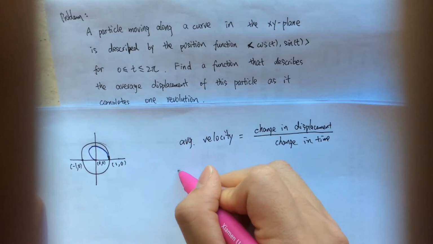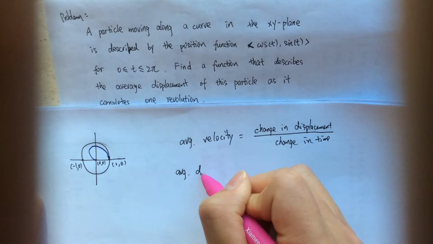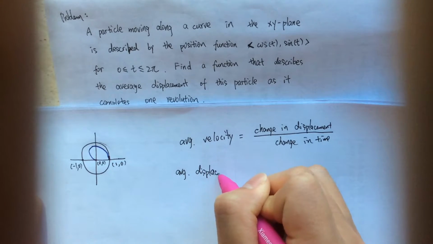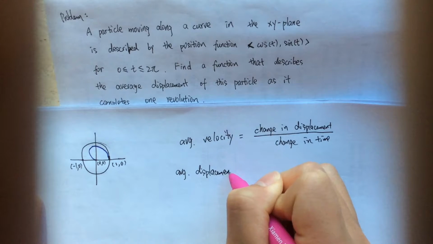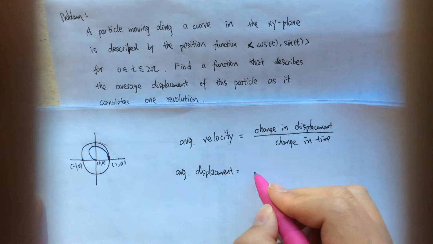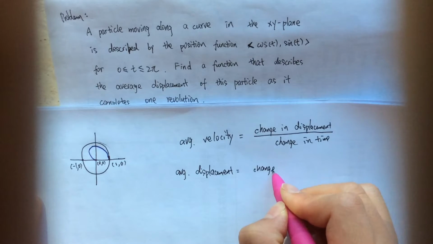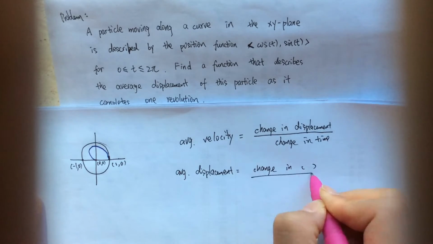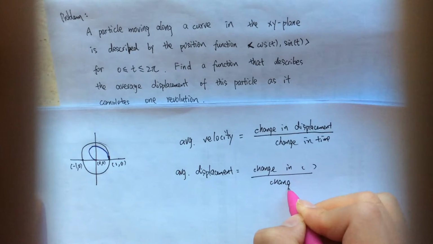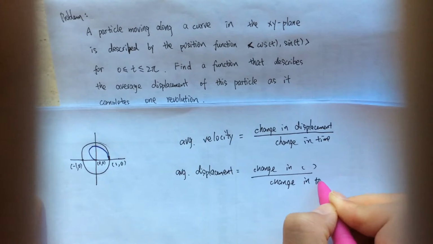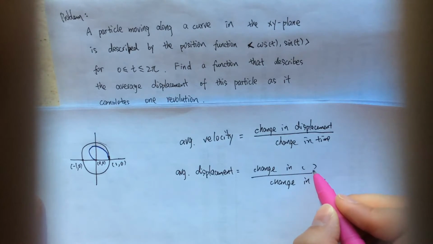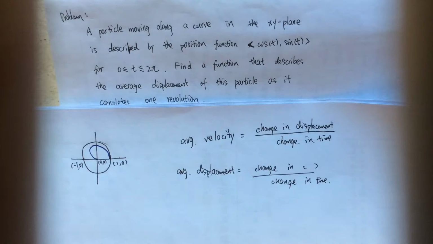Similarly, the average displacement must equal to change in something over change in time. And this something must be the integral of displacement, or the area under the displacement curve.